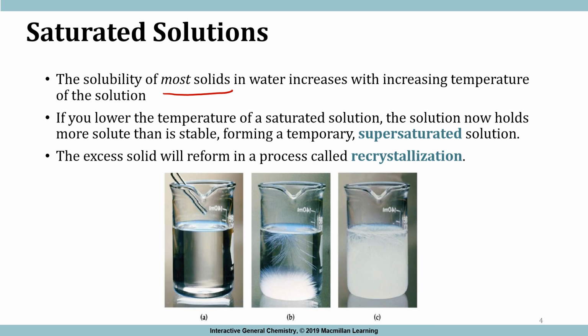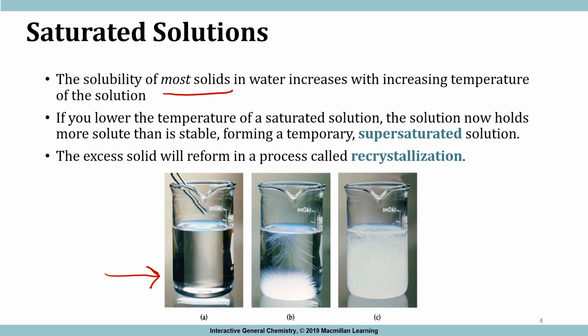If you lower the temperature of a saturated solution, the solution now holds more solute than is stable, forming a temporary supersaturated solution. An example of a supersaturated solution is A. We don't have the details yet, but for instance, let's say we've added a lot of sugar to the solution, and it's well over saturation, and we've heated it up so we can add even more.